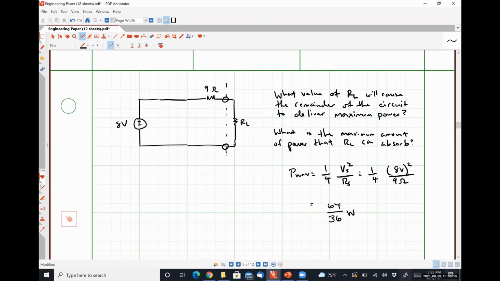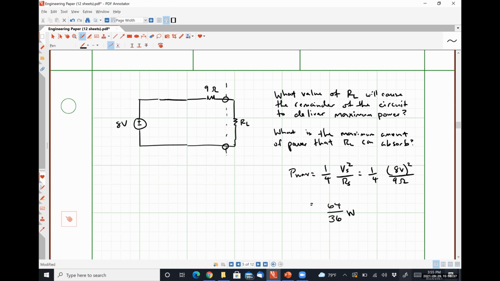So that would effectively be the power dissipated by the entire circuit as a whole, assuming RL is 0. So if RL were 0, that would be 64 over 9, right?